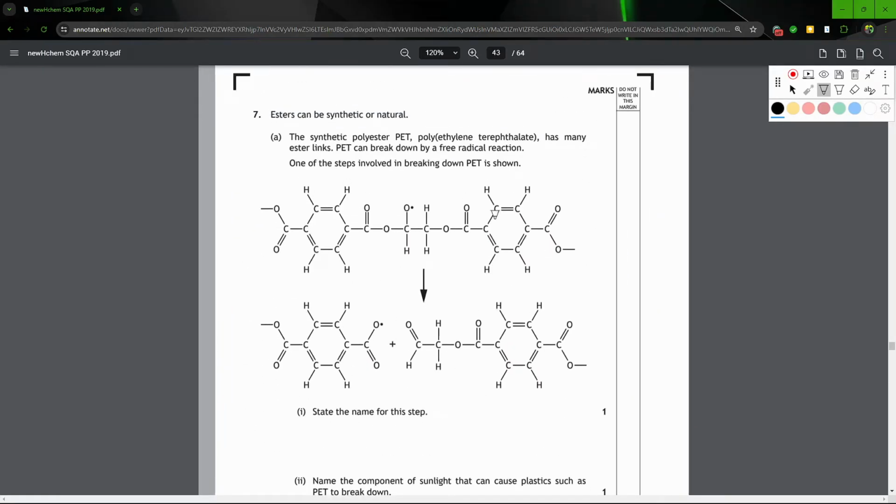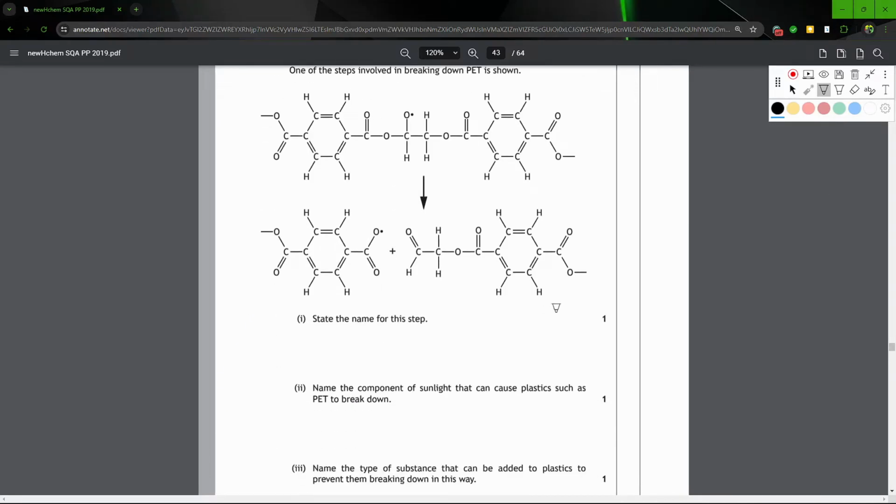Esters can be synthetic or natural. The synthetic polyester PET, polyethylene terephthalate, has many ester links. PET can break down by a free radical reaction. One of the steps involved in breaking down PET is as shown. State a name for the step.